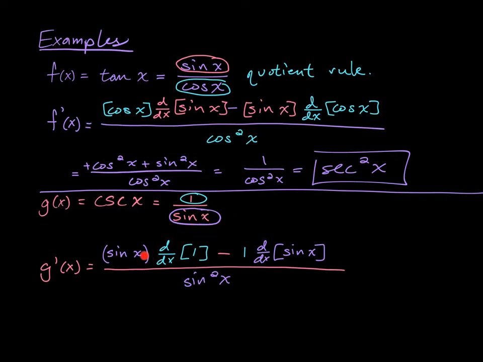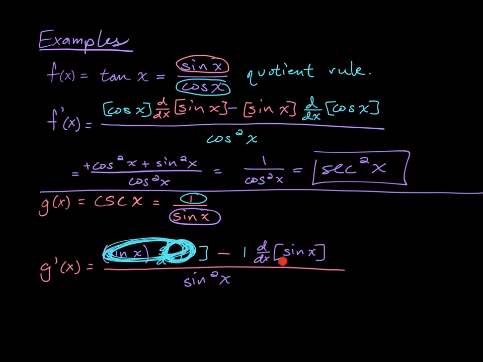So start with the sine of x times the derivative of the top 1, minus 1 times the derivative of sine x, over sine squared x. Now the cool thing about this is that the derivative of 1 is 0. And if you multiply sine of x times 0, that just means this whole first term ends up being 0. So we only have to really worry about this derivative back here.